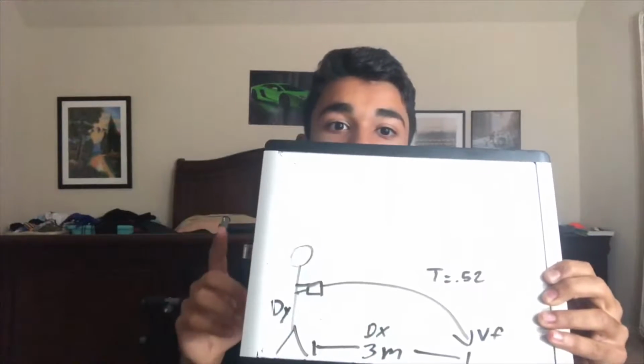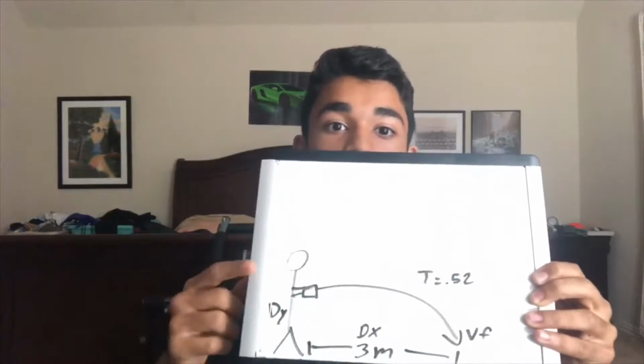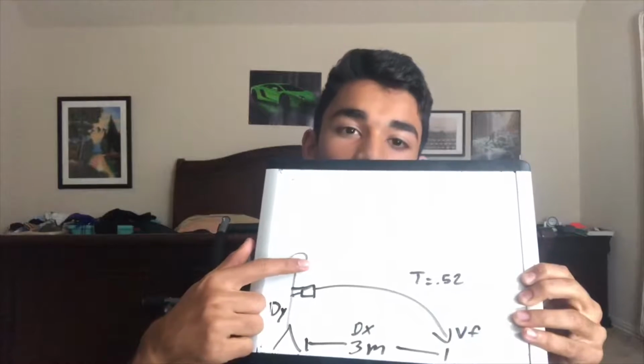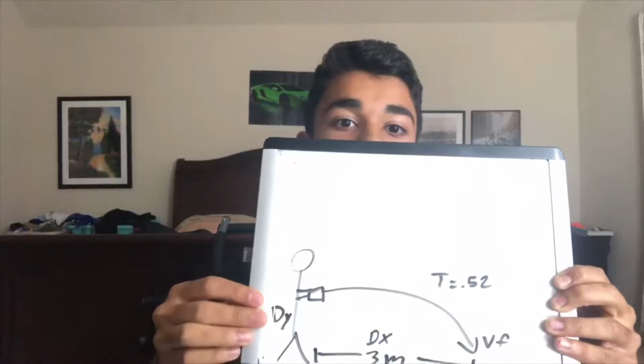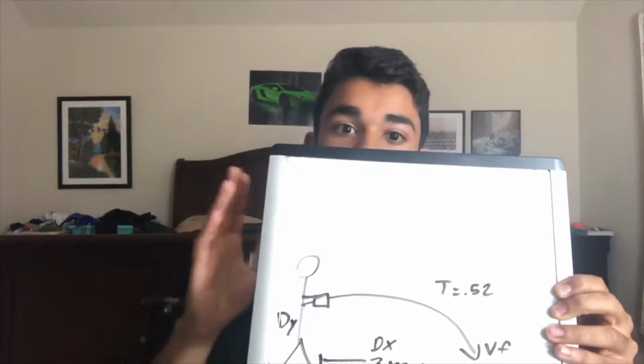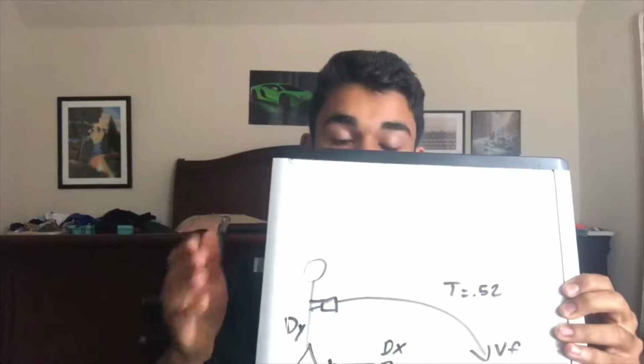What we don't know is the final velocity, the horizontal velocity, and we don't know the vertical distance from which the projectile was launched. Yet again, don't worry, we're gonna have to solve for D, but let's find a way to do it easier.